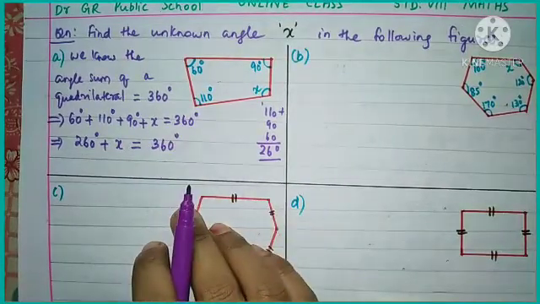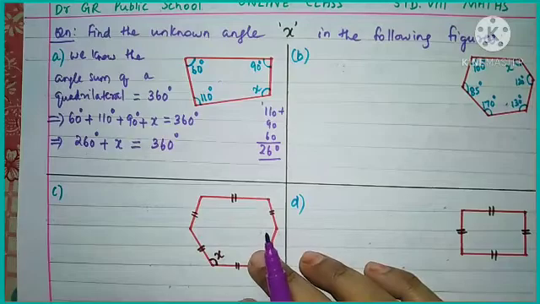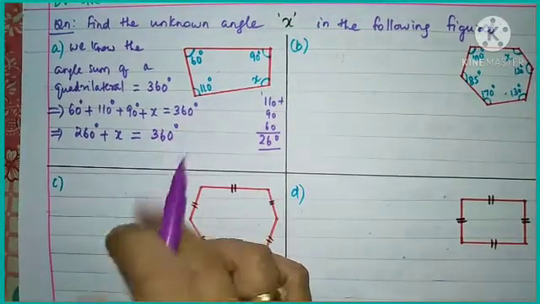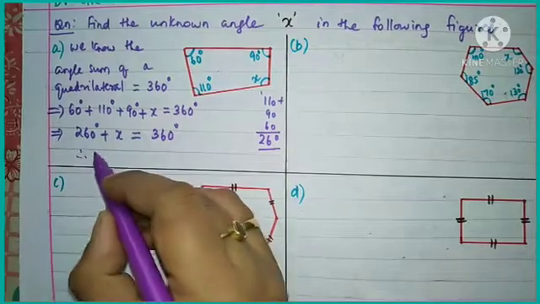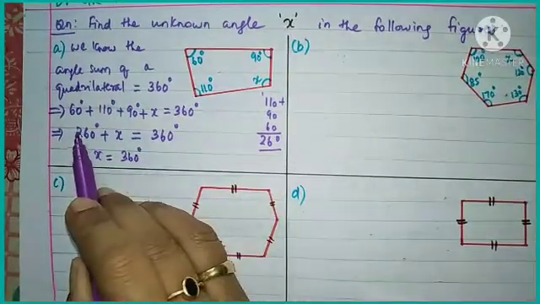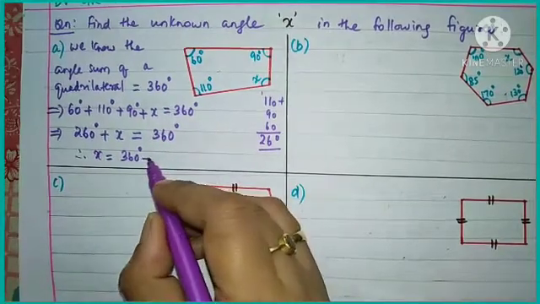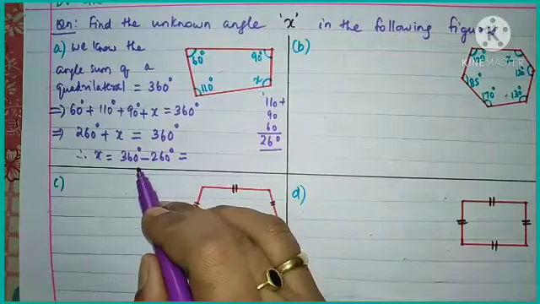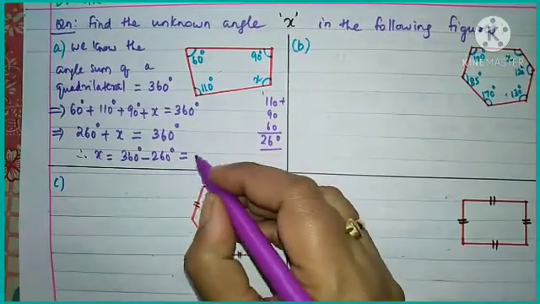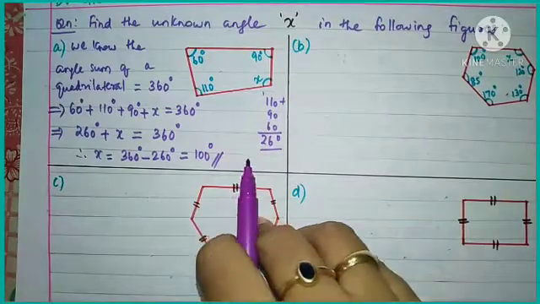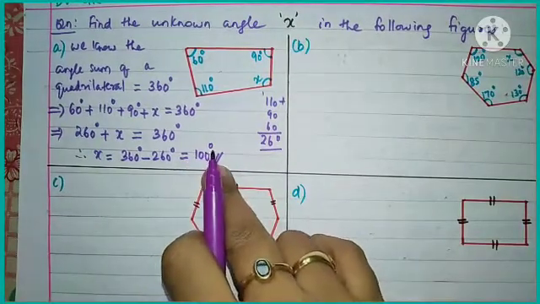So you learned how to find out the unknown quantity in a linear equation. You remember? So what is x here? x is equal to 360 degrees, 260 comes this side, minus 260 degrees. And what is that? 360 minus 260 is equal to 100 degrees. So this is the value of the fourth angle x.